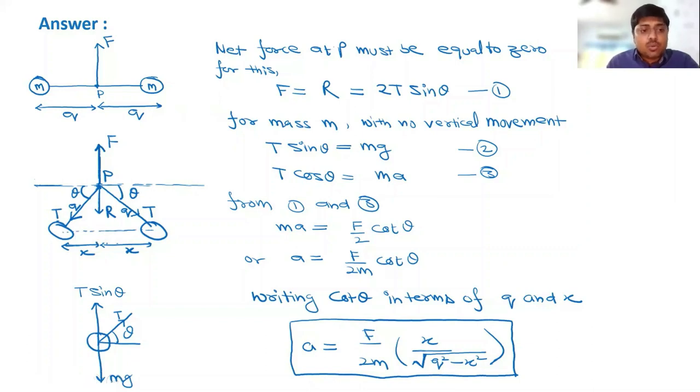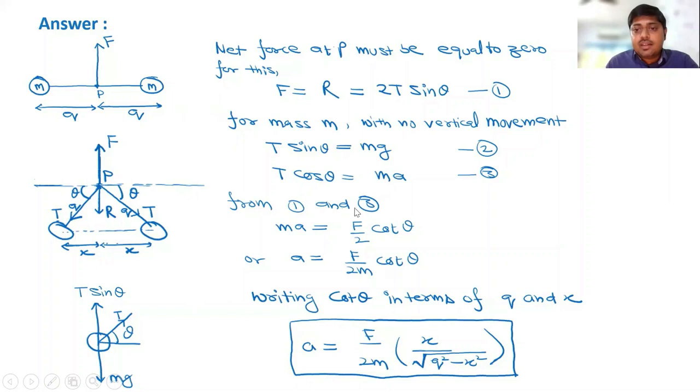To produce that acceleration, there must be a force acting on these bodies along this direction, and that is T cos theta. So this T cos theta is equal to mass into acceleration.